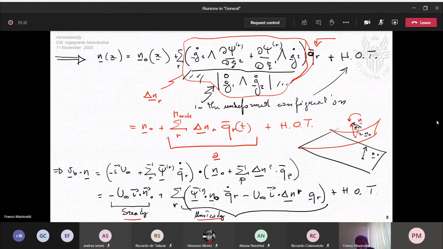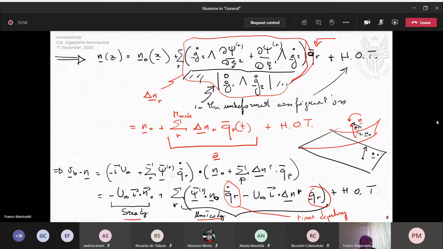So the only unsteady boundary condition is that given by the presence of this term, which is the time depending term. The only time depending term able to give you unsteady boundary condition.